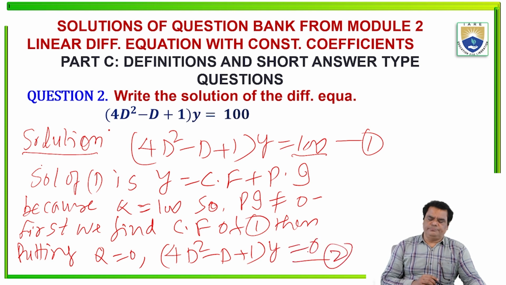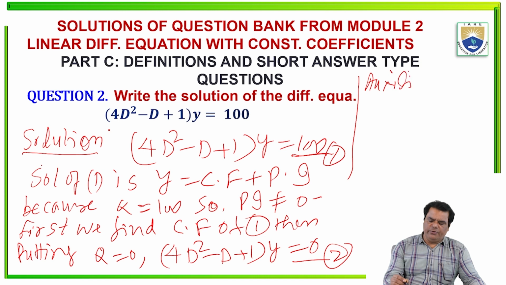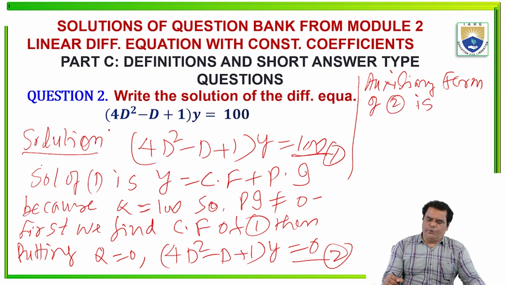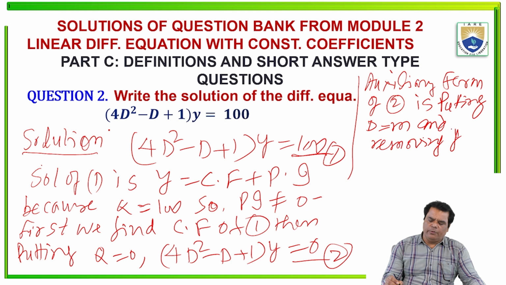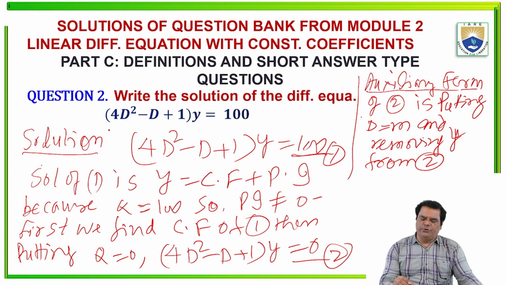This is equation 2. Now the auxiliary form of 2: putting D equal to m and removing y from equation 2.